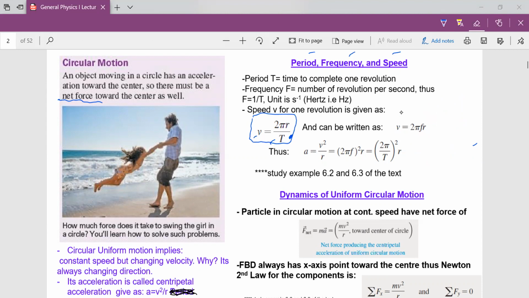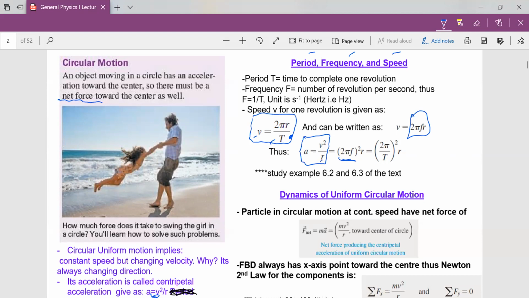You should take note of this formula, okay? But we have already established in our previous lectures, as stated here, that the acceleration of an object in a circular path is a equals v squared over r. That means if we substitute this value of v into this, we'll have 2 pi f r, all squared.